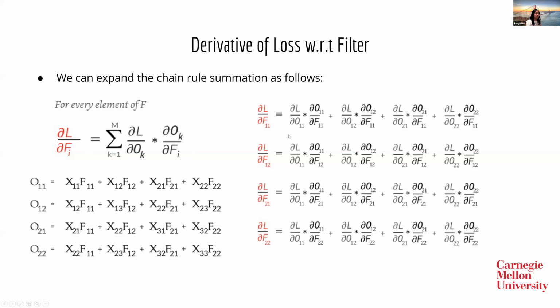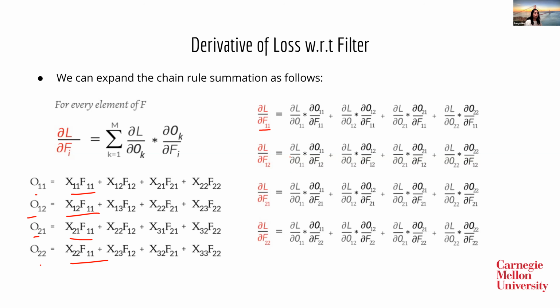And this is actually gotten by extracting, so for this F11, we can extract all the related terms on here, here, here, here. So this F11 filter is actually calculating all these four output items.